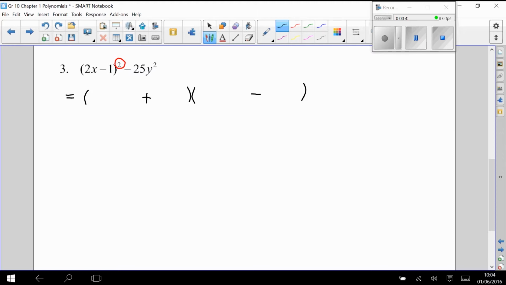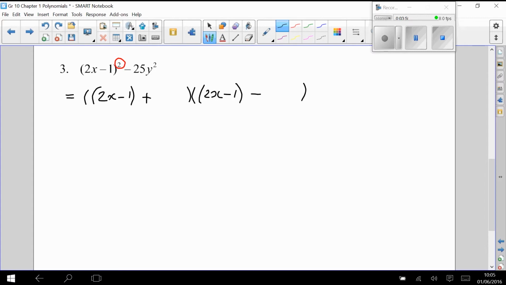Well, as I've got two brackets, I must put one bracket in the first term of my first factor and one bracket, exactly the same bracket, take note, in the first term of my second factor.